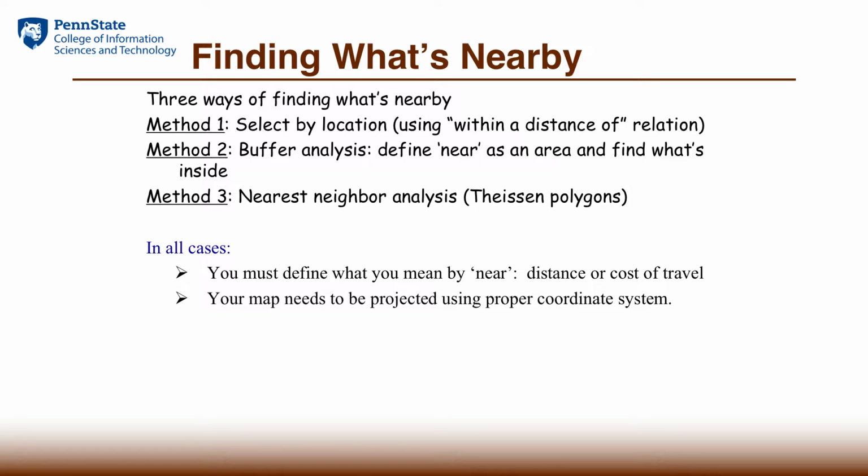The third method, which we call the nearest neighbor method, is not about what is nearby, but about what is the nearest. We're going to mainly cover the first two methods, and method one has already been covered in previous lessons. So the buffer analysis becomes the focus for this lecture.